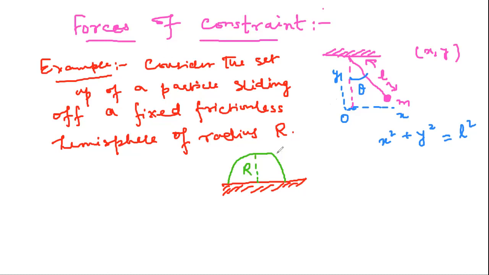So at some time, this particle having mass m is at the location shown, and the line from this point O, let me call it point O, is making angle theta at that time. Let me write it properly, this angle theta.